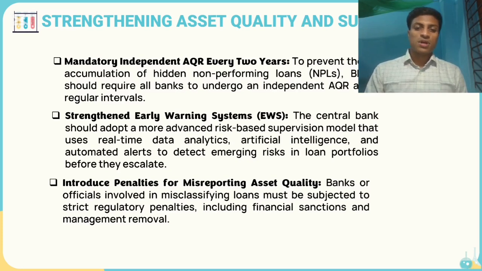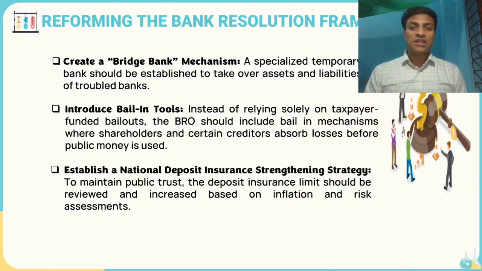Introduce penalties for misreporting asset quality. Banks or officials involved in misclassifying loans must be subjected to strict regulatory penalties, including financial sanctions. Reforming the bank resolution framework: create a bridge mechanism.